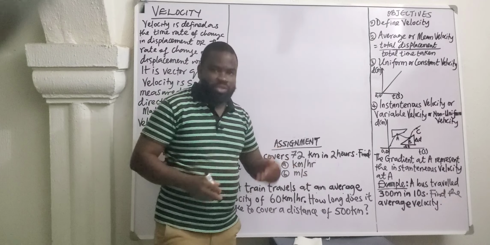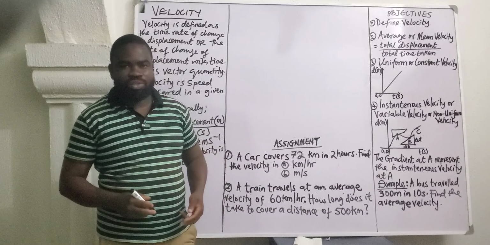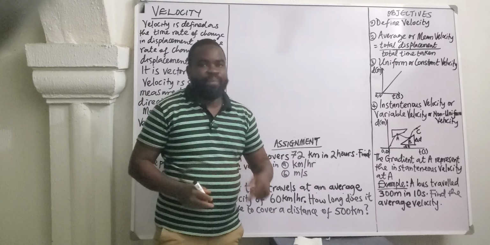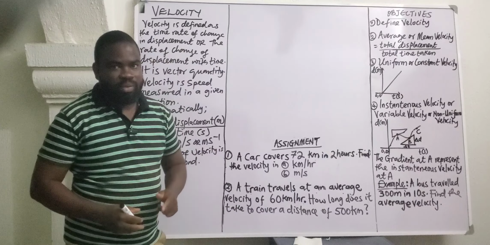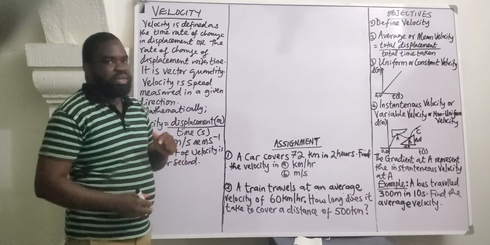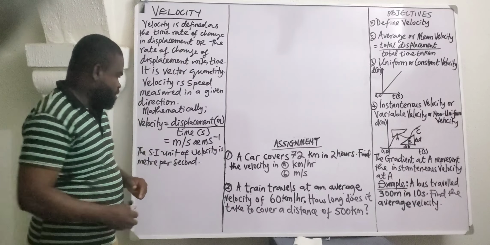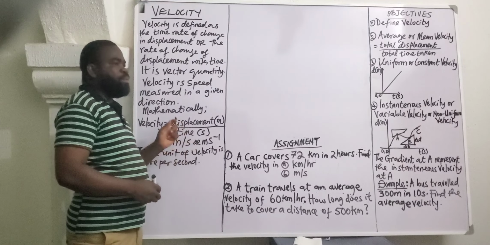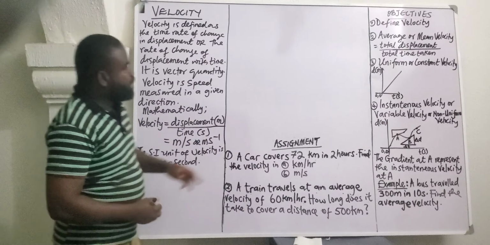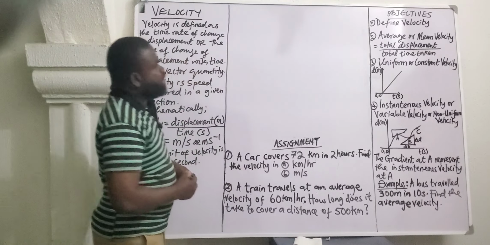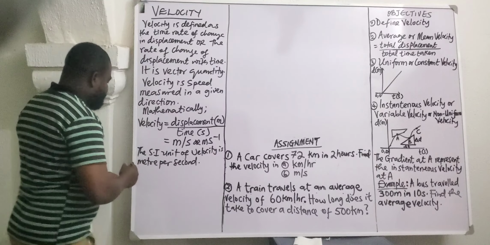Kilometer per hour is also a unit of velocity. Centimeter per second is also a unit of velocity. But the SI unit of velocity is meter per second. Take note of that.